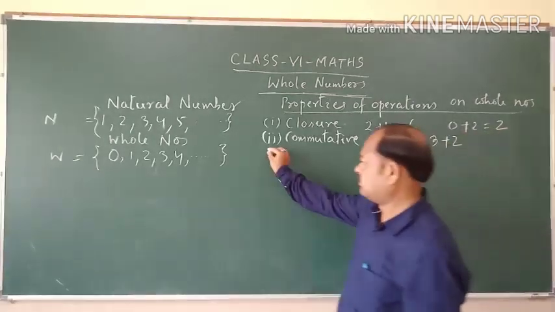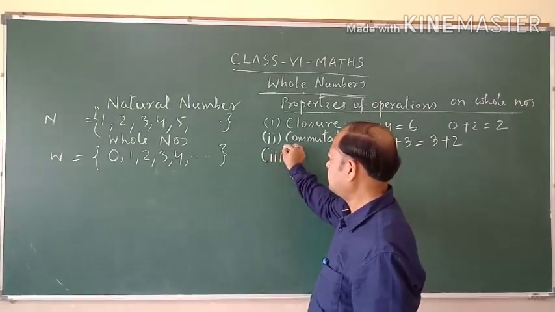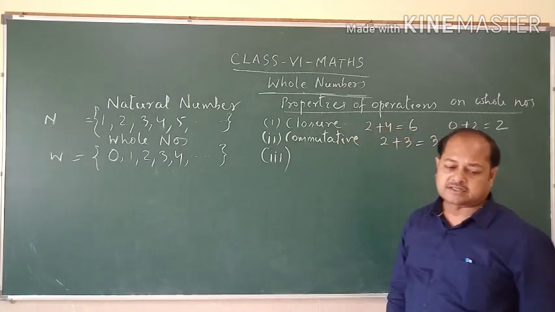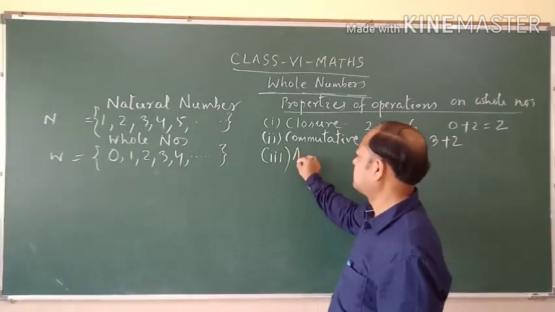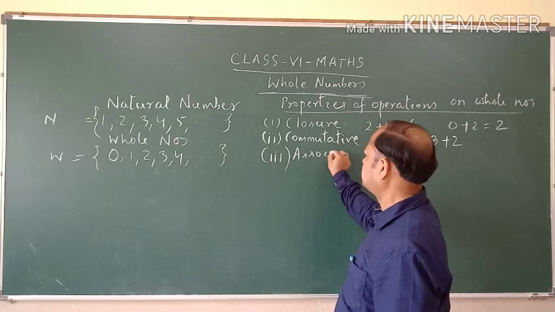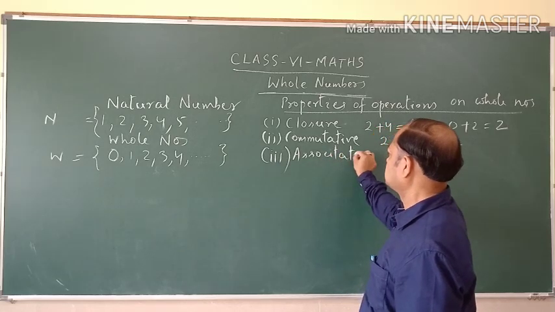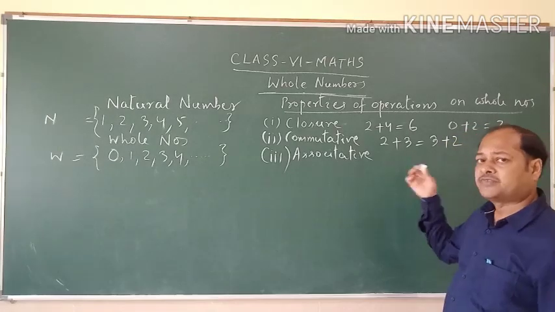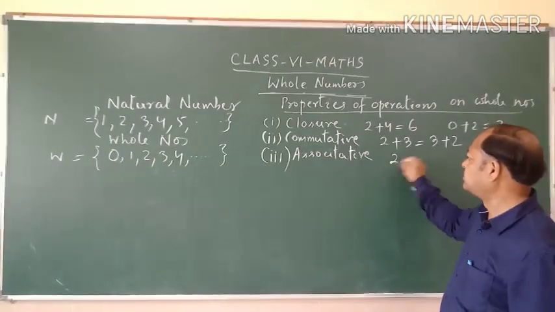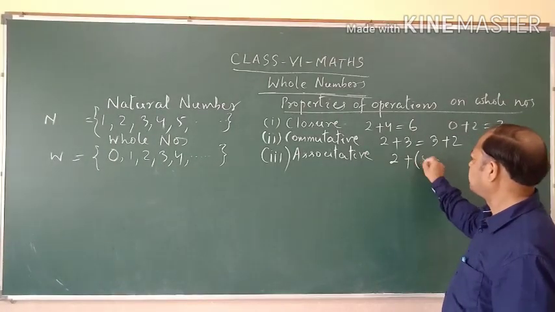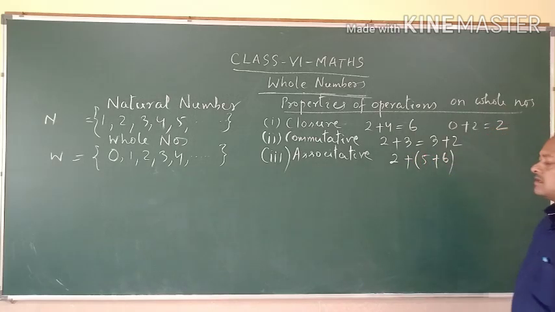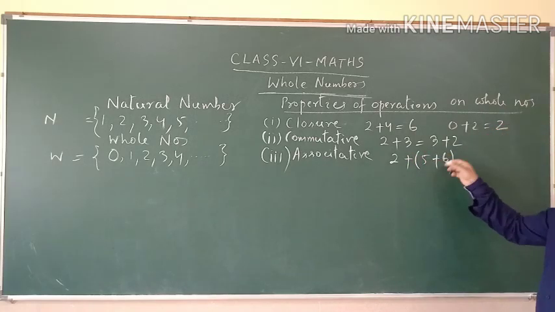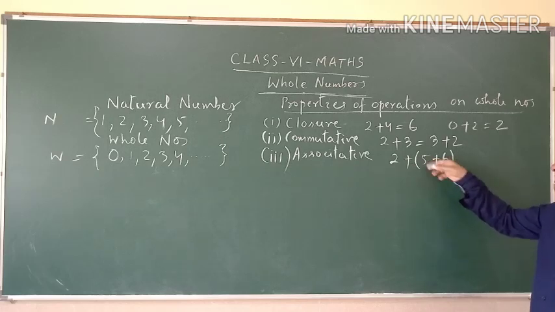Now come to the next property. After commutative, it is the associative property. What is meant by the associative property? If three numbers are there, for example 2, 5 and 6, we present two numbers in a pair inside a bracket.